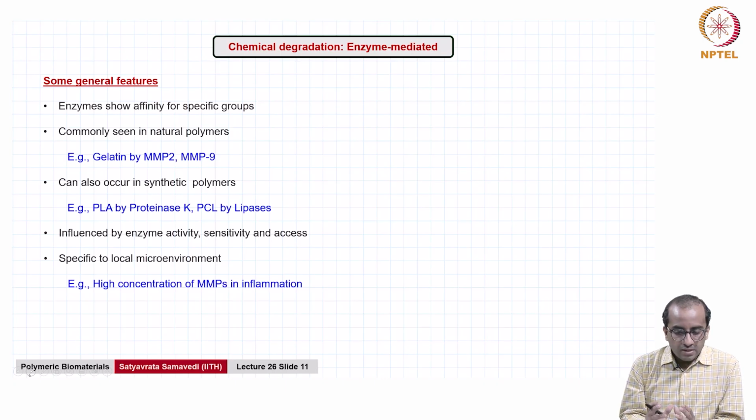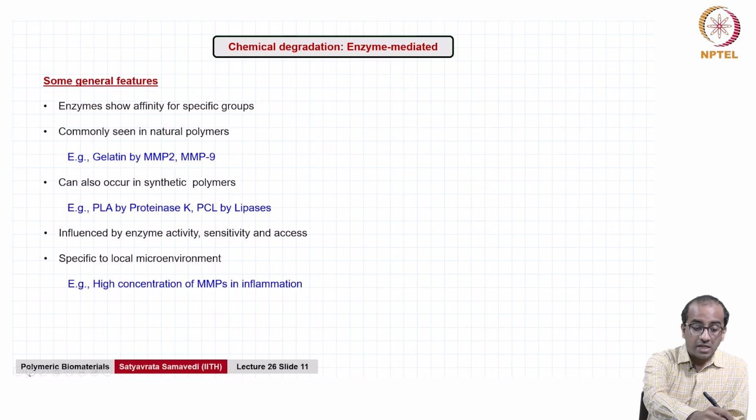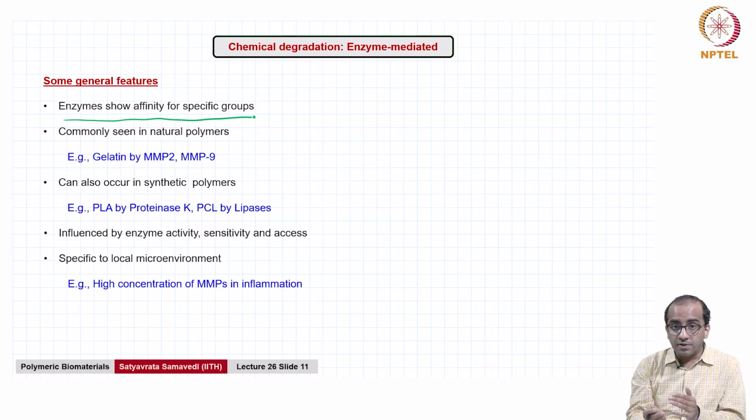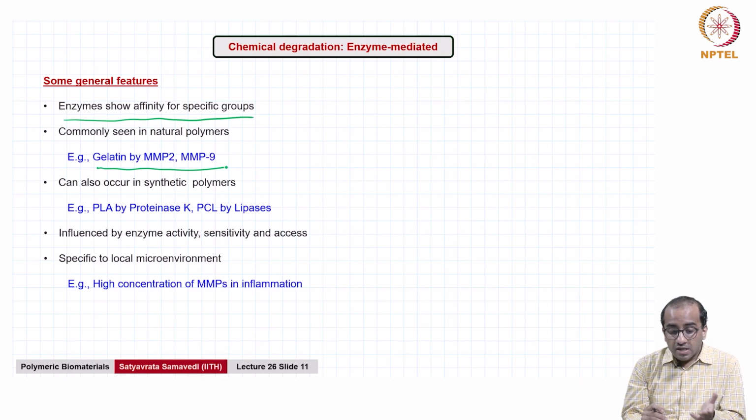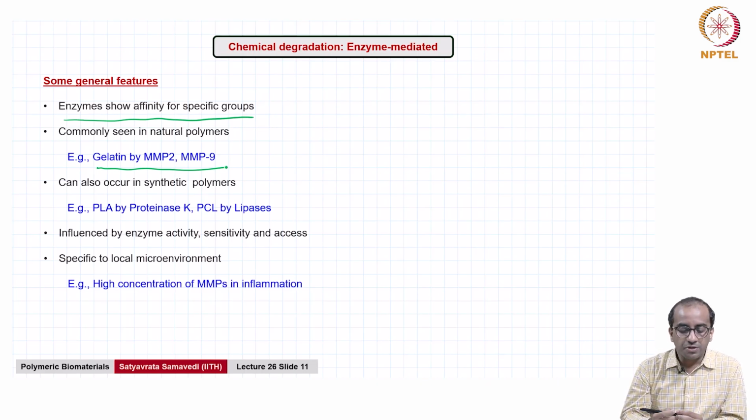And typically natural polymers that we have seen, many of which we have seen in this course in lecture number 19 and 20, many of them can undergo enzymatic degradation because enzymes show affinity for specific groups present on these natural polymers, right? One example we have seen is gelatin, like I just said on an earlier slide in this lecture, can be degraded by matrix metalloproteinases such as MMPs as shown here.